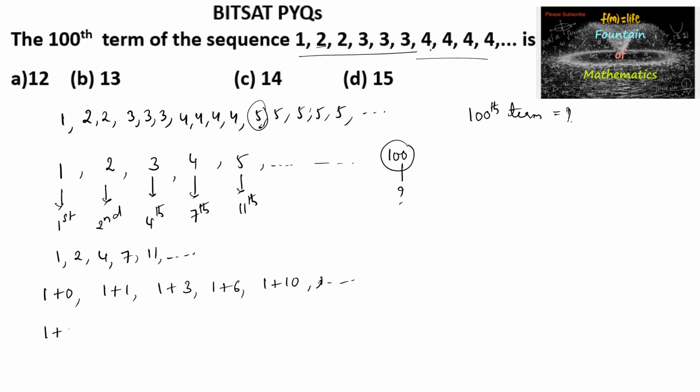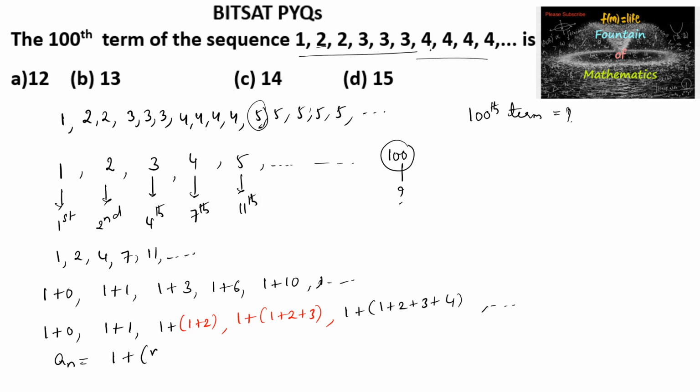So we can write 1 plus 0, 1 plus 1, 3 as 1 plus 2, 6 as 1 plus 2 plus 3, and 10 as 1 plus 2 plus 3 plus 4, and it continues, so we can generalize the nth term as 1 plus the sum of (n minus 1) natural numbers.